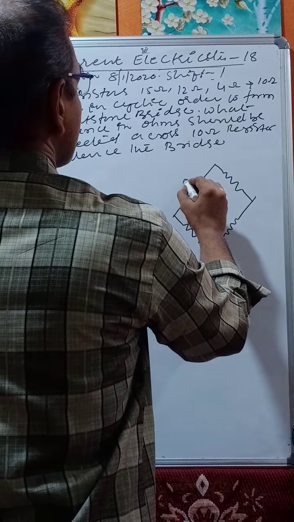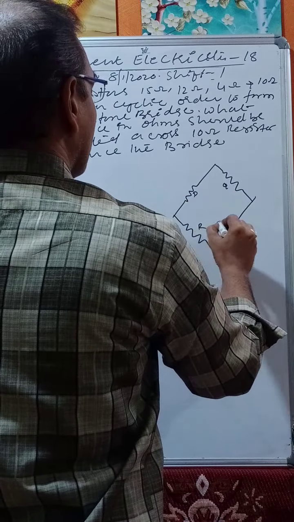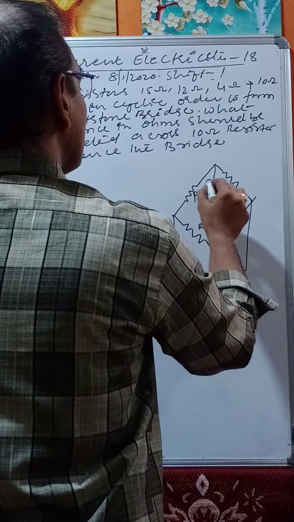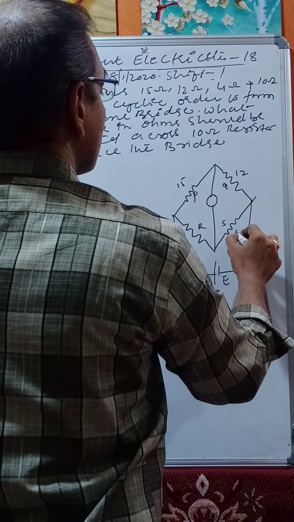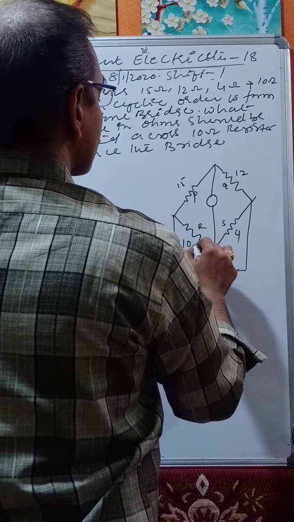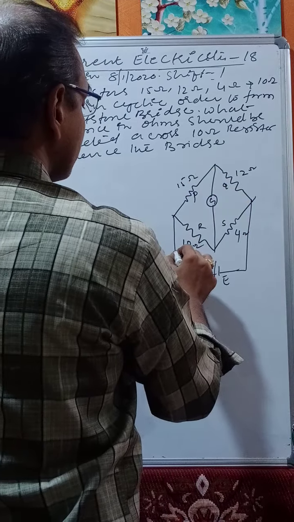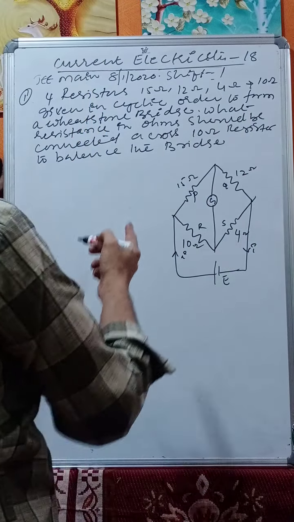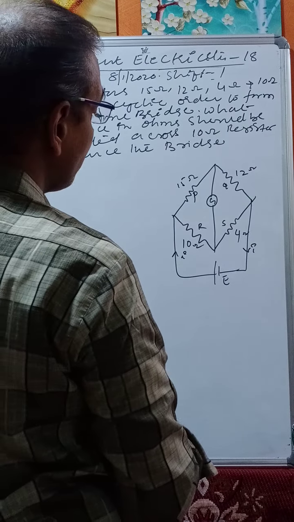So this is P, Q, R, S. This is the galvanometer. This is our EMF E. P, Q, R, S are 15 ohms, 12 ohms, 4 ohms, 10 ohms, connected in cyclic order.